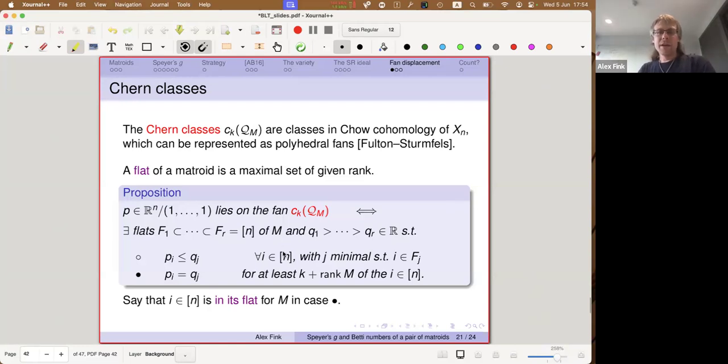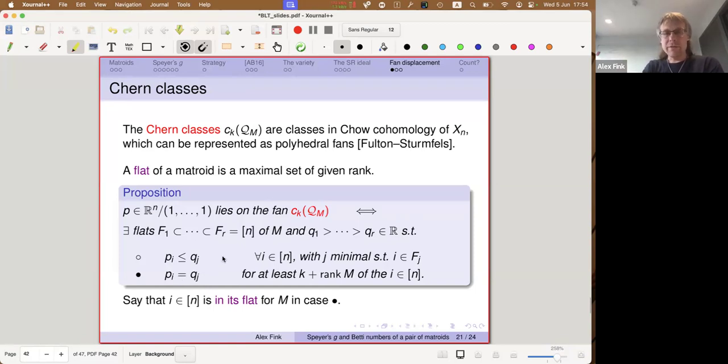They come from taking the Bergman fan. The top Chern class of Q is the Bergman fan of M. And if I want to take a lower Chern class, say the Chern class which is i below the top, then what I do is I take i of the coordinates of a point in the Bergman fan, and I can make them larger, anything I like.